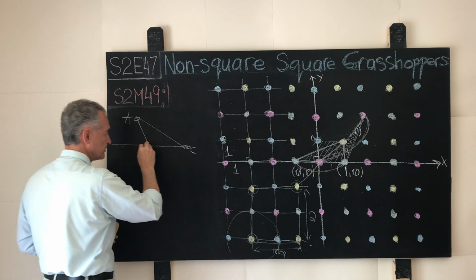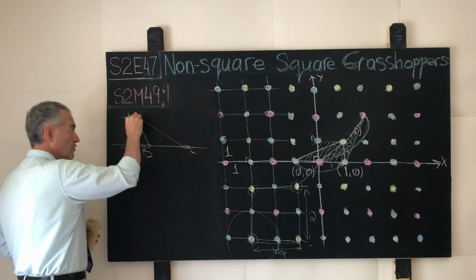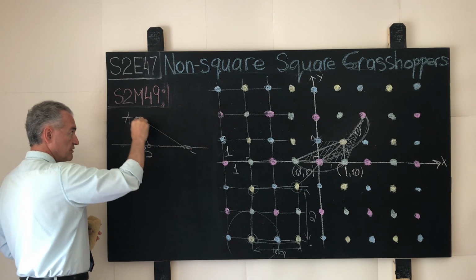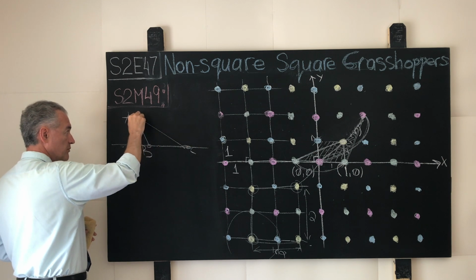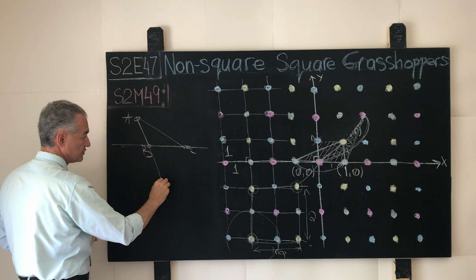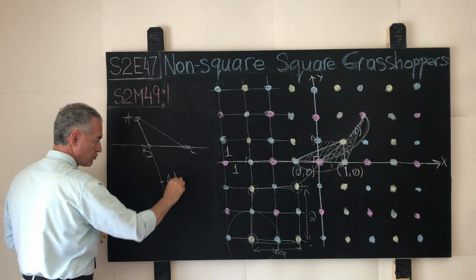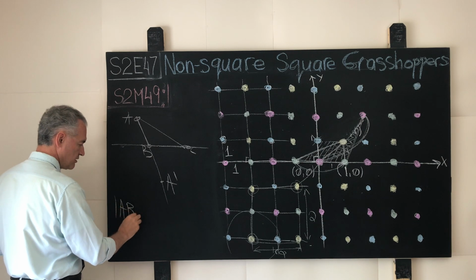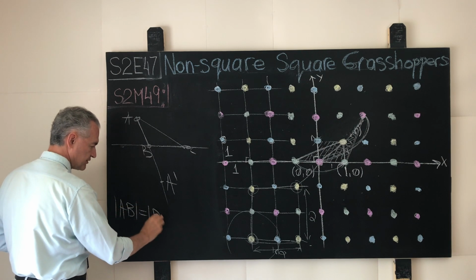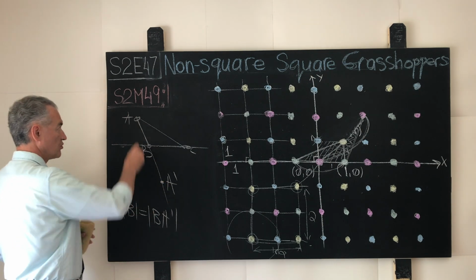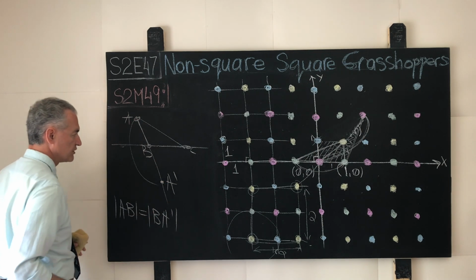For example, this way. Well, we do not reflect it, we do what we are told to do in this. We mimic the jump. We extend the line, then we produce the point A prime such that the distance AB is equal to the distance BA prime. So far so good. This is precisely so our grasshopper flew over here.